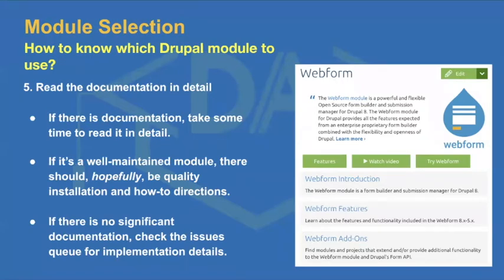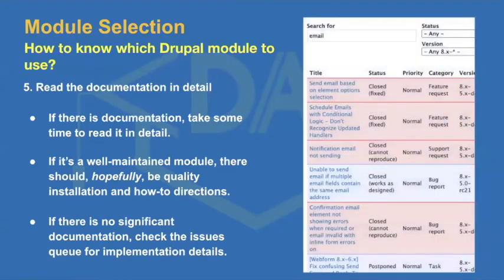So what happens in a situation where you don't have considerable documentation on a module? Well, I would say leverage the issue queue. The issue queue is where you're going to find out the roadblocks, the hardships that people have with using a module. So in this example, I want to use the Webform module and implement an email option.